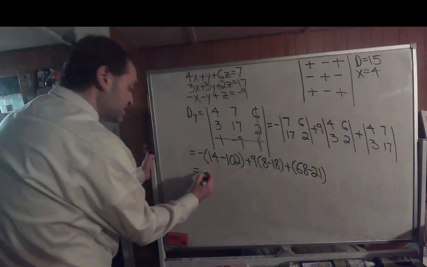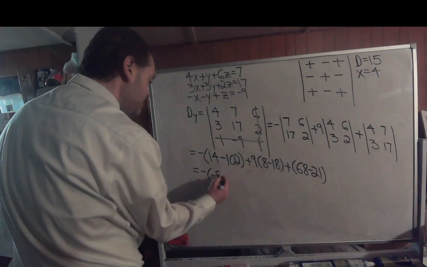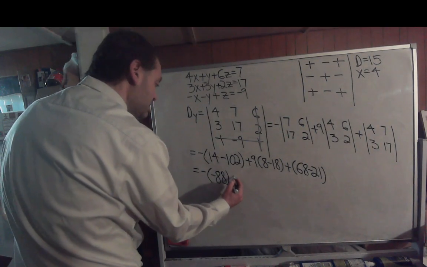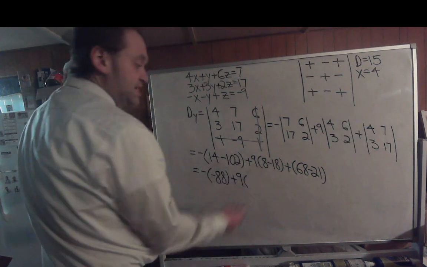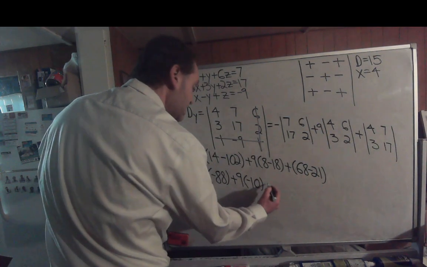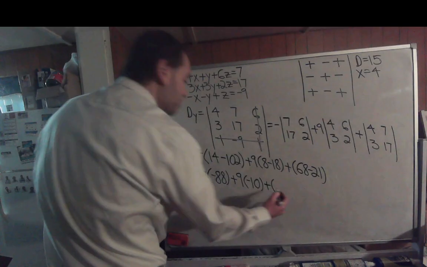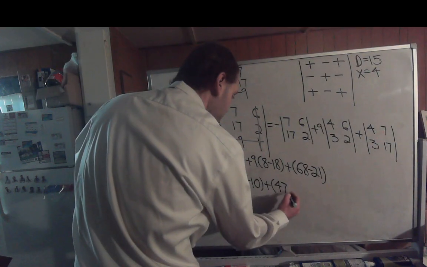So let's see, work inside the parentheses, negative of 14 minus 102, that'd be negative 88. Plus 9 times your second parentheses, 8 minus 18 is negative 10. Plus your final parentheses, 68 minus 21 is going to be 47.